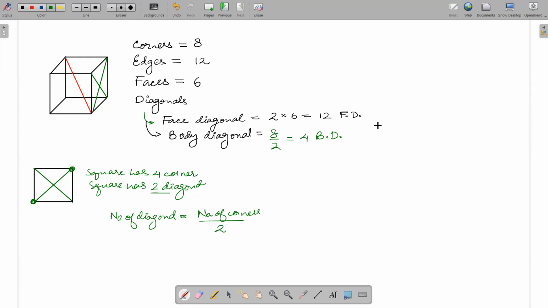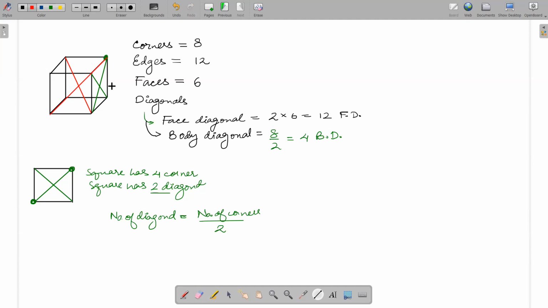Okay, fine. Now what I want you to do is look at the top right corner of your room. Top right corner will be this one, no? From the top right corner to bottom left, you will make a body diagonal like this.